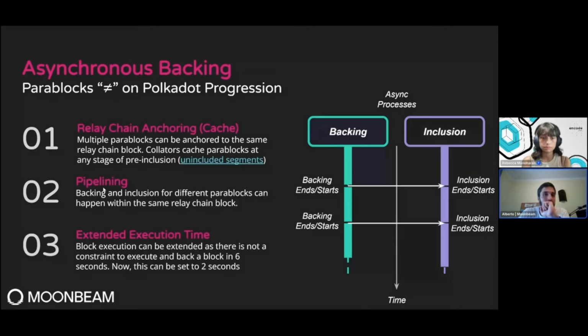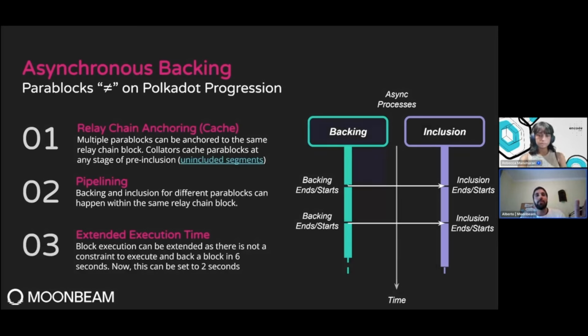This is pipelining. Basically, this is asynchronous backing. So you have backing and inclusions for different parachain blocks that can happen within the relay chain block, and we'll see that in the diagram. And this means that you can have more execution time. So before we had 0.5 seconds. In 0.5 seconds, the collator had to execute all the transactions, okay? That's all that it had, 0.5 seconds, and it's actually a bit less than that.